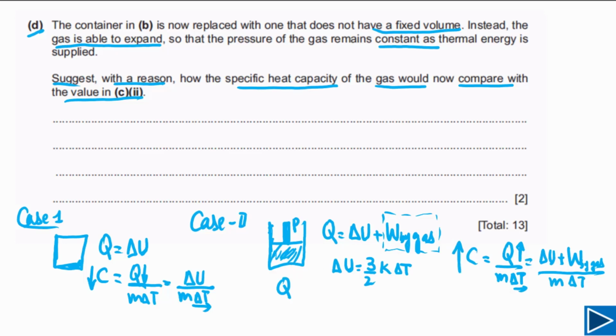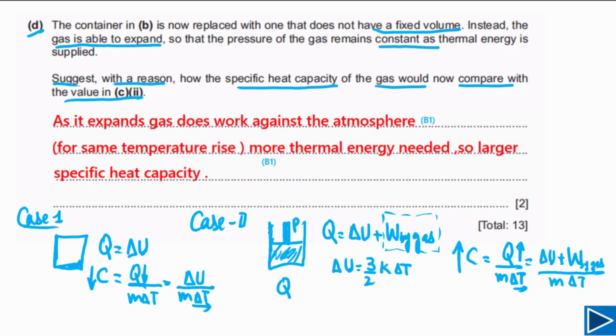This question has 2 marks, so let me explain how to write the answer and how marks will be awarded. The first mark will be awarded if you say, as the gas expands, the gas will do work against the atmosphere. When the gas is expanding, it has to do work against the atmosphere, because there is atmospheric pressure acting on the gas.